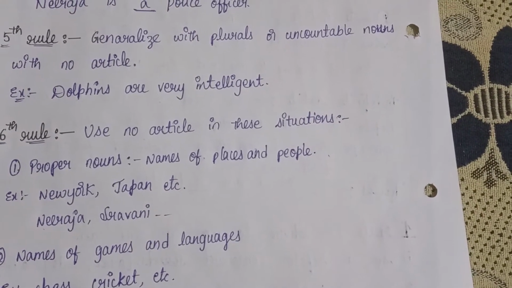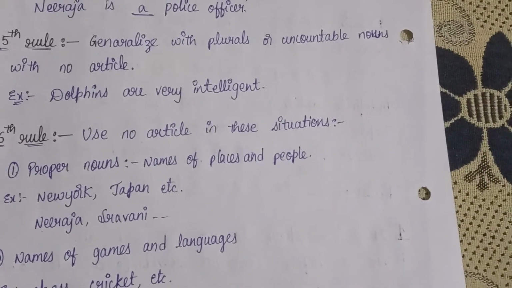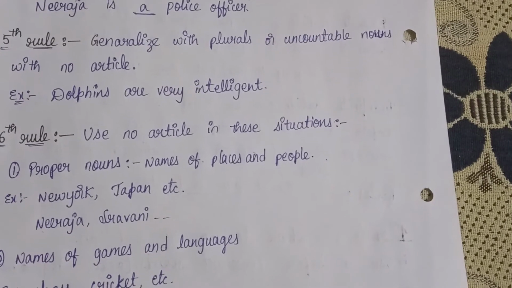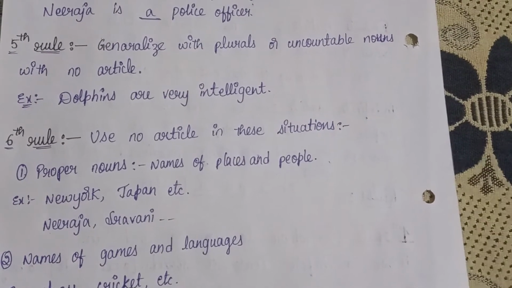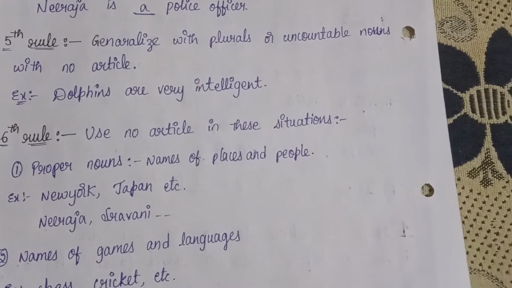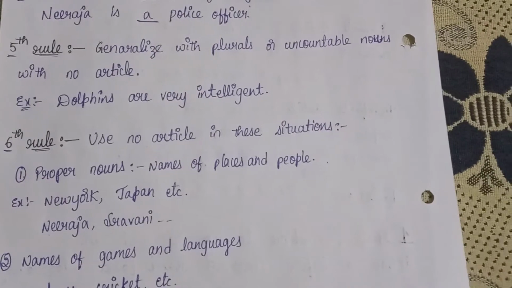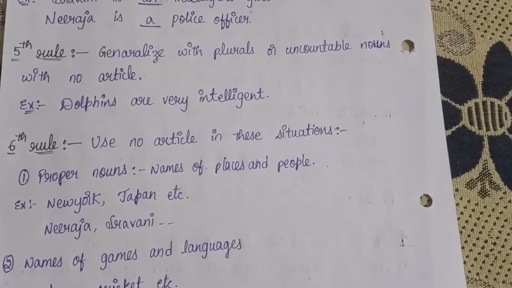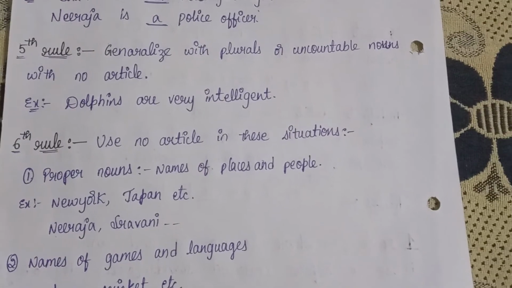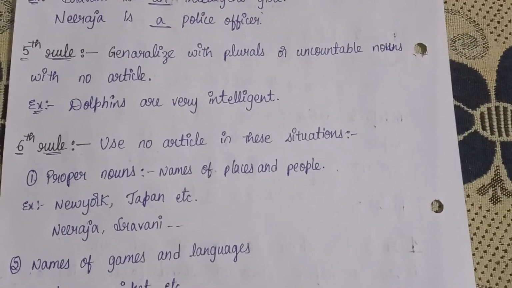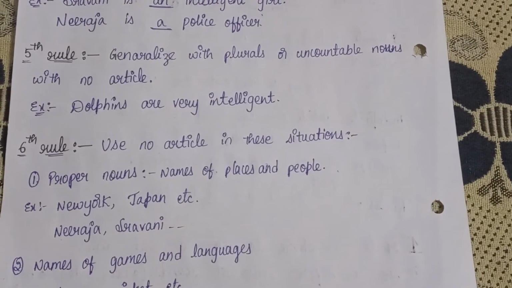Example, New York, Japan, etc. These are names of places, and persons' names like Neeraza, Shravani. We should not use the articles before these. When you're talking particularly, for example, the United States of America, the Netherlands, for particular places we should use the definite article, that is the.